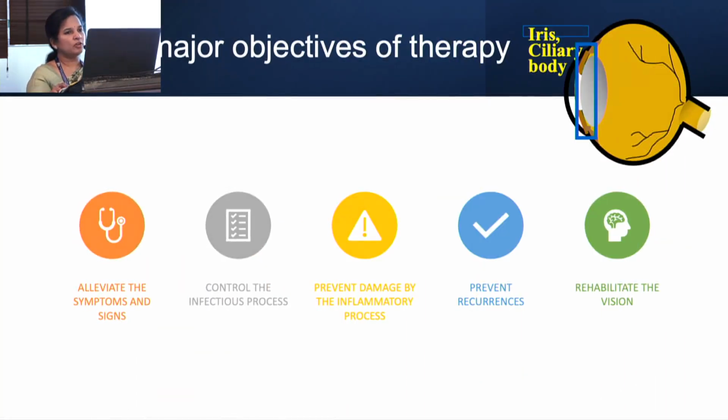So the major objectives of treating an infective uveitis are to alleviate the symptoms and signs, control the infectious process, prevent damage due to inflammation, prevent recurrences, and last, rehabilitate the vision.